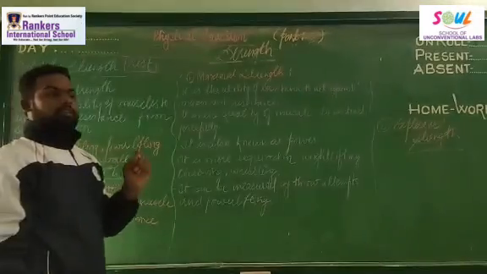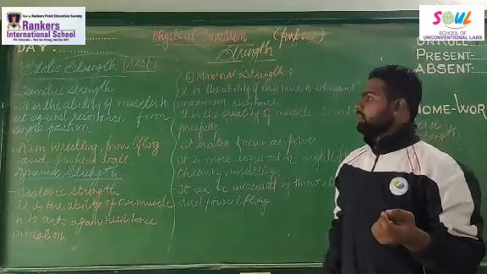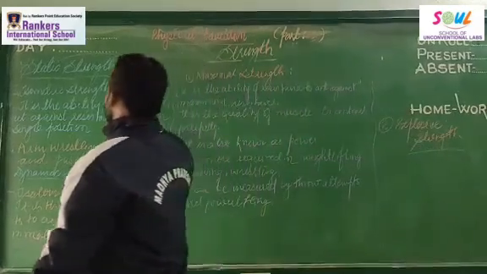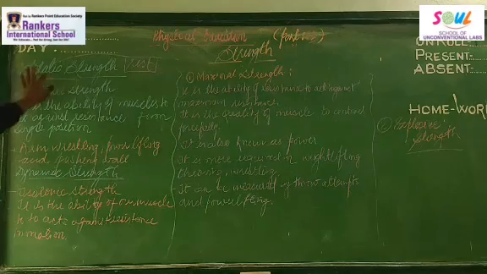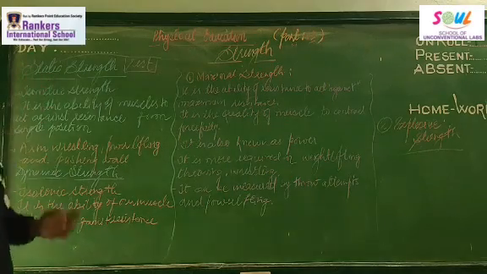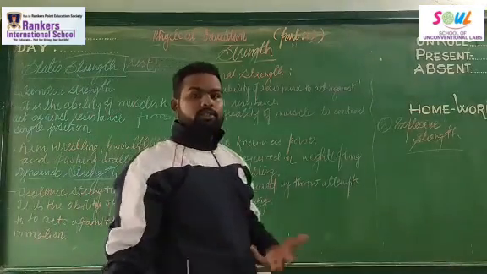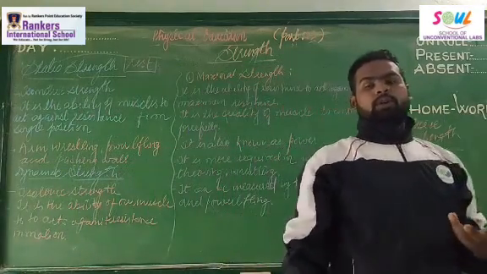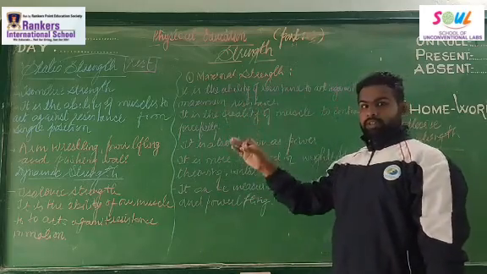So static strength is the amount of force exerted by the body when the body is in rest. Got it? Static strength is able to overcome resistance, and static means when a thing is in rest. So whenever the thing is in rest and it exerts some force to overcome resistance, that is called static strength.